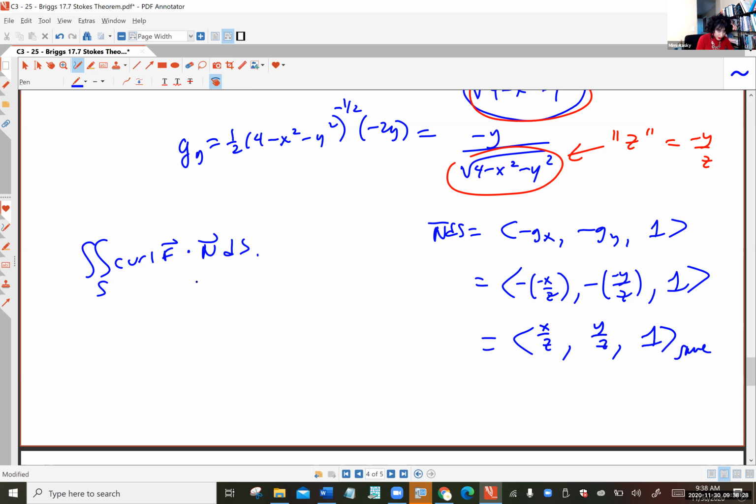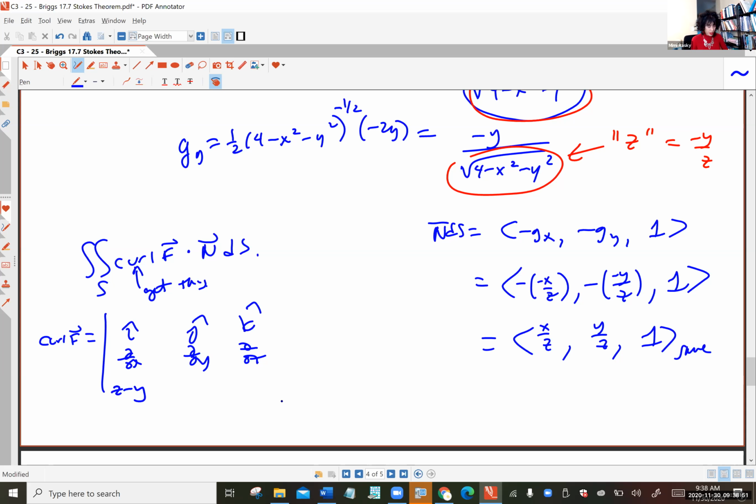We need to get the curl. So curl is going to be i hat, j hat, k hat, d/dx, d/dy, d/dz, and I'm going to have z minus y for the first component, x, and negative x in that order.